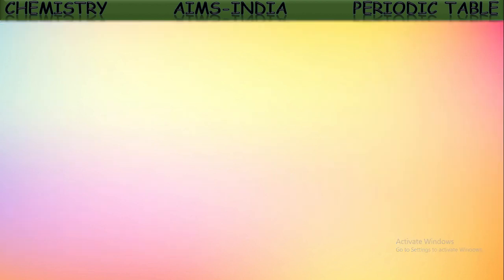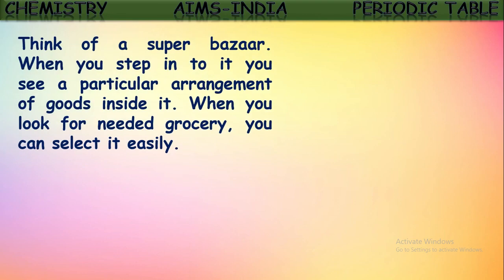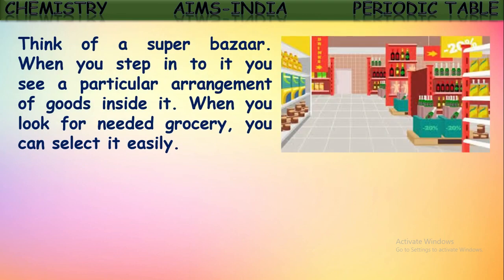In the same way, think of a supermarket. When you step into a particular arrangement of goods inside it and look for needed grocery, you can select it easily. There the things are segregated in different manners. All food items will be kept on one side, all grocery on one side, and other kinds kept separate.